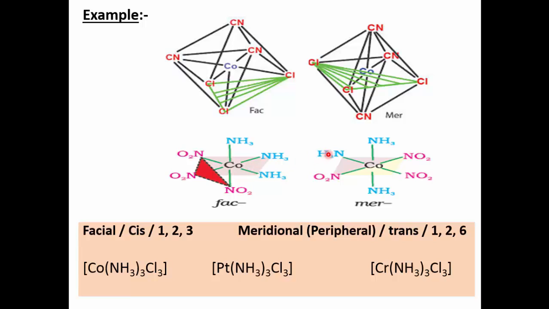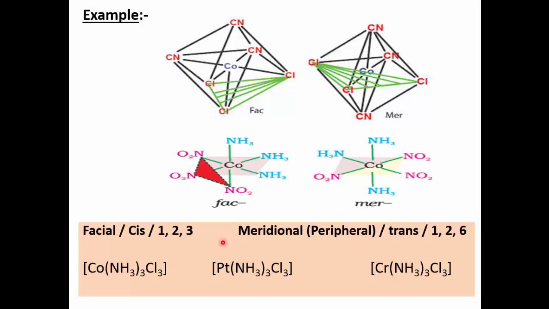In case of the meridional isomer, the trans isomer, what happened? See, the same ligand is present at first, second and sixth position. Or they are present at the edges of this face, and therefore it is called meridional, or it is also called a peripheral isomer.